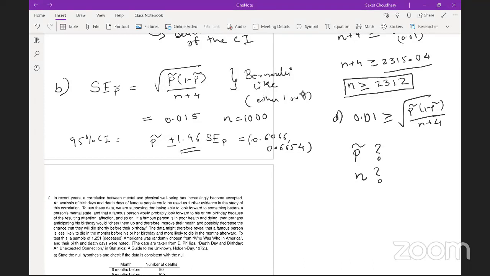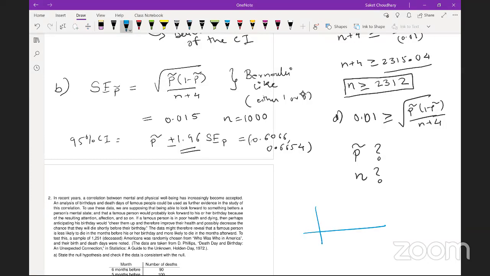So what would happen if we were to actually plot the distribution of p hat times 1 minus p hat? If you plot the distribution of p hat times 1 minus p hat, then it looks like something like this. It essentially takes the maximum value at p equal to 0.5, and that value is going to be 1 by 4.